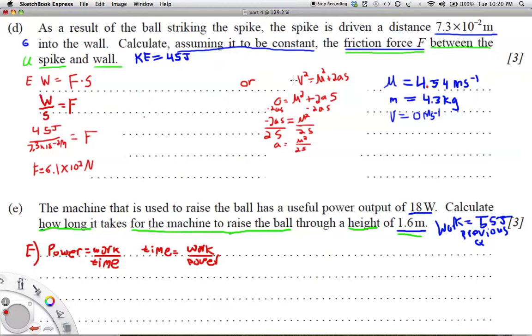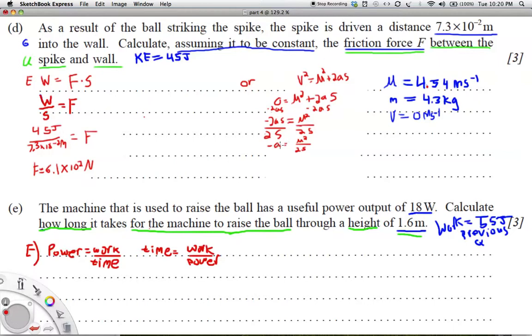Actually, I should write negative a is equal to u squared divided by 2s. The reason that the u and the a are opposites is that the force was acting in the opposite direction of the velocity of the spike, because the force, which is mass times acceleration, is slowing down the spike.